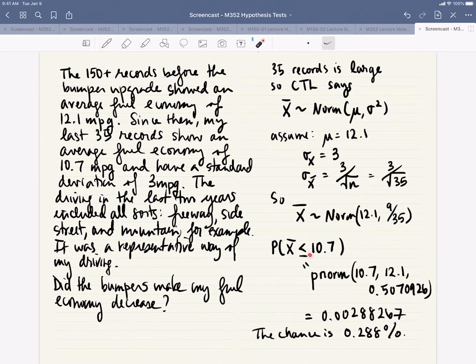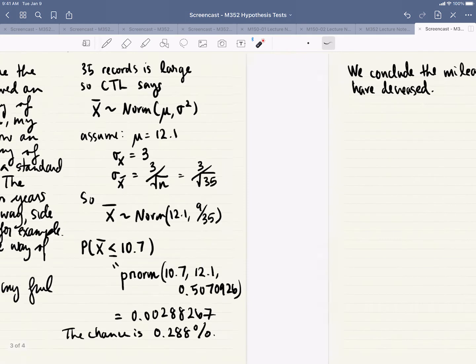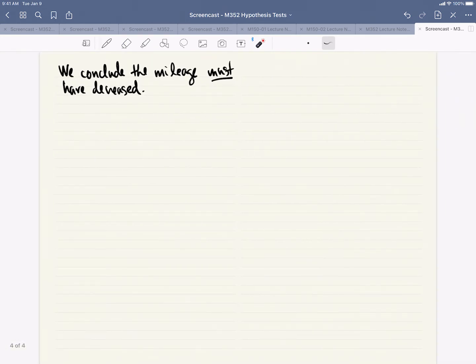Because the probability of our sample was so small, that's us seeing evidence that something is wrong with this. That assumption was in error, and so we reject that assumption and we conclude the mileage must have decreased. So that's how hypothesis testing works.